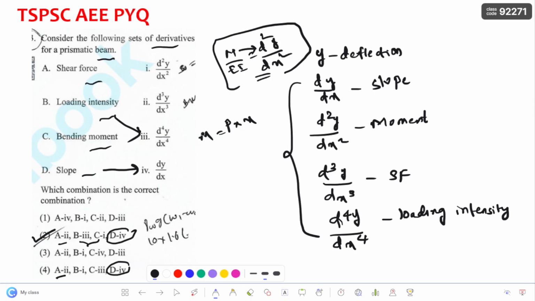If you differentiate the moment, then you get the shear force. That means d cube y by dx cube is nothing but shear force. From this logic also you can get to the options. But this is the basic order of all derivatives. Okay.